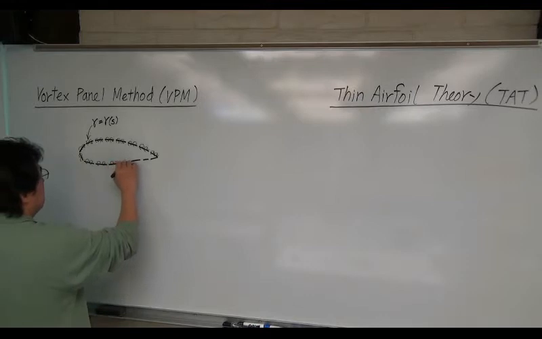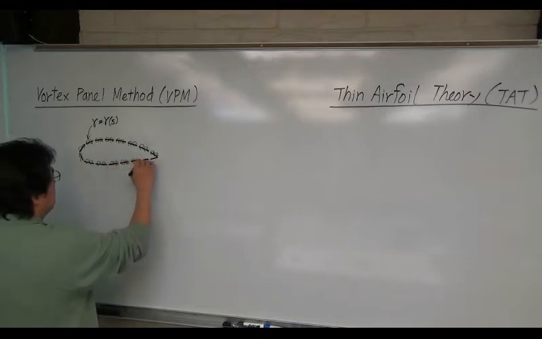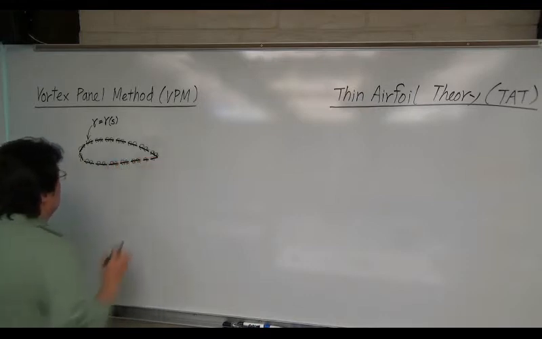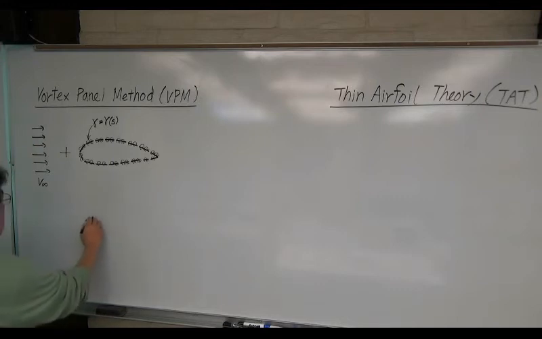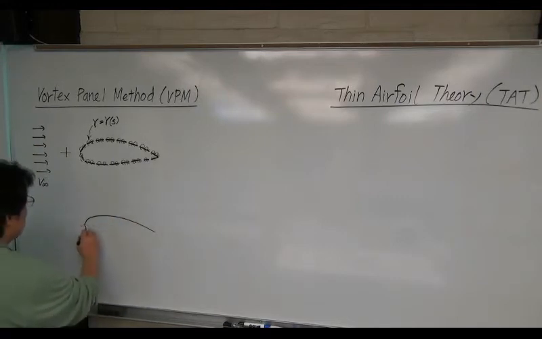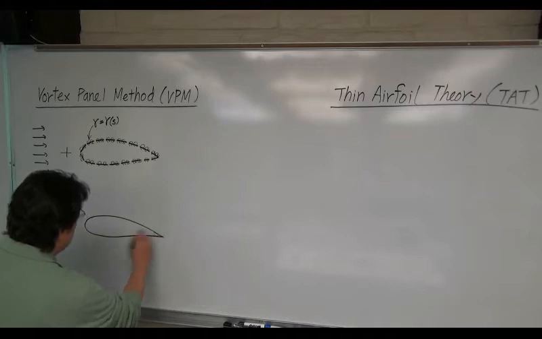So you're going to use the panels to represent your two-dimensional body, and then you're going to superimpose it against the incoming uniform flow, V infinity. The result is you're going to simulate the flow over a two-dimensional cross-section airfoil.